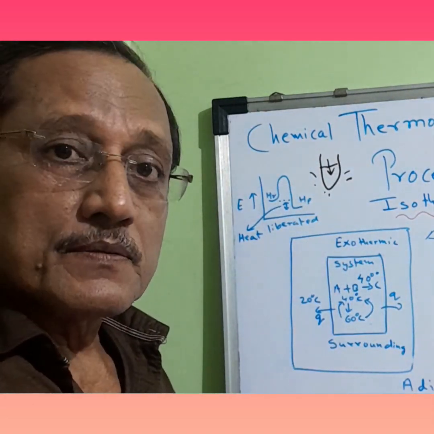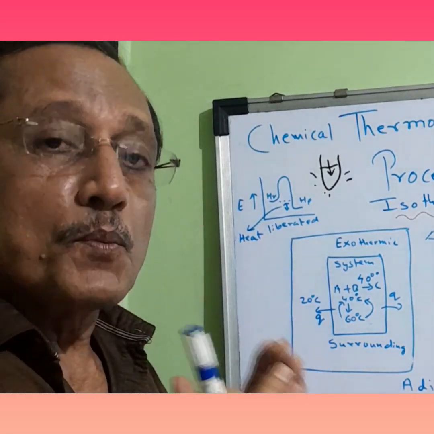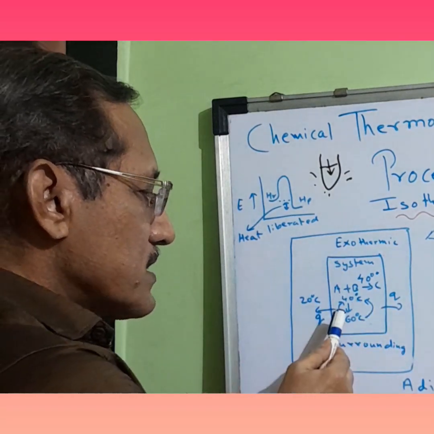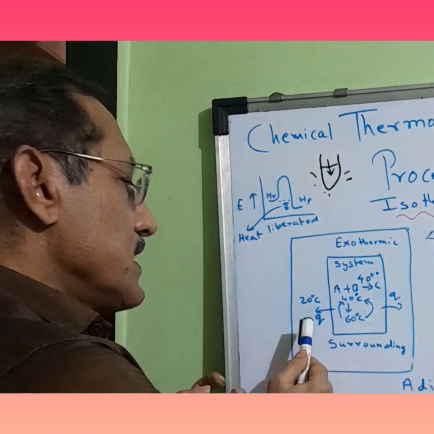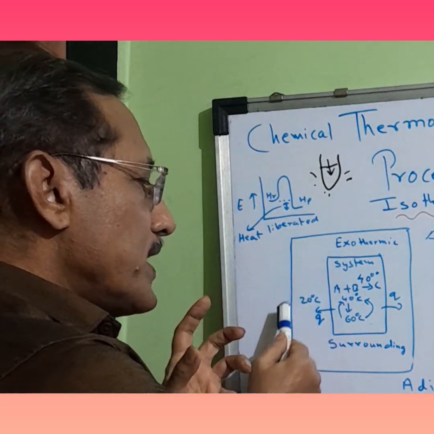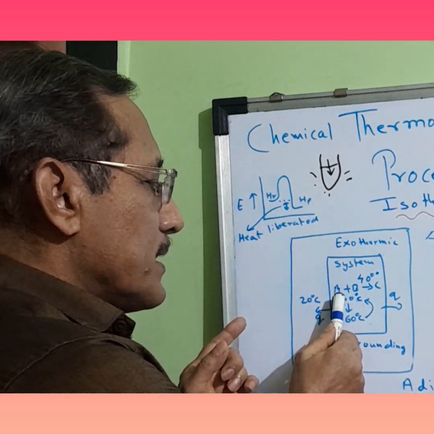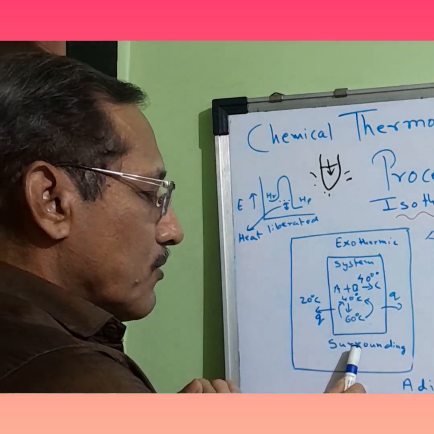How does it happen? Now here it is surrounding which comes into picture. There's surrounding around here. What surrounding does is it takes Q calories of heat, which is equivalent to say 20 degrees Celsius, and it pushes back the temperature to 40 degrees. So that's how surrounding comes into picture.